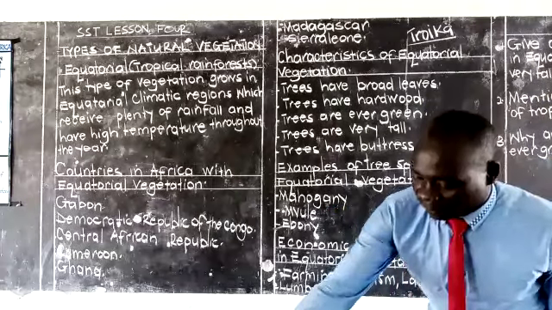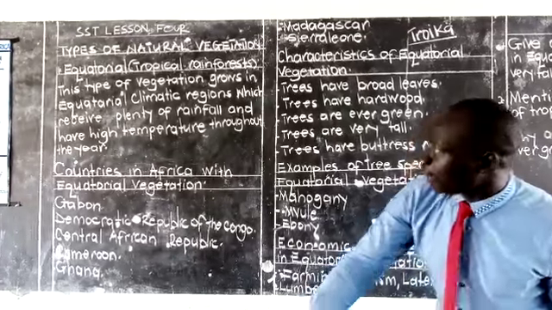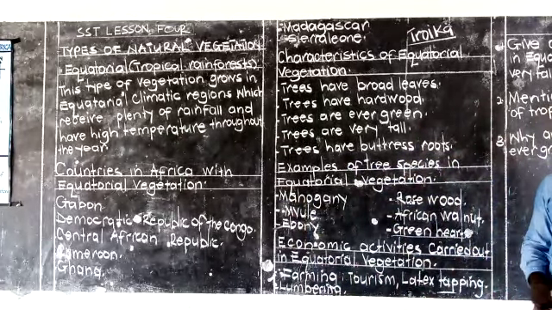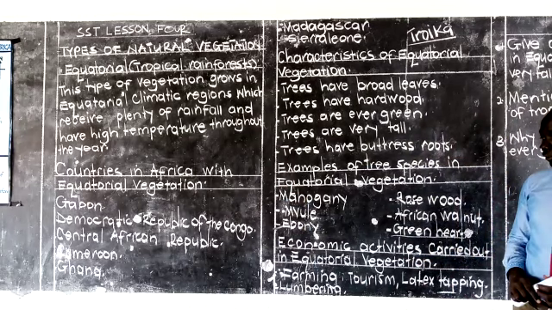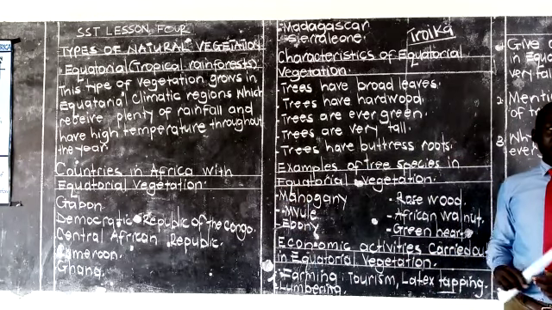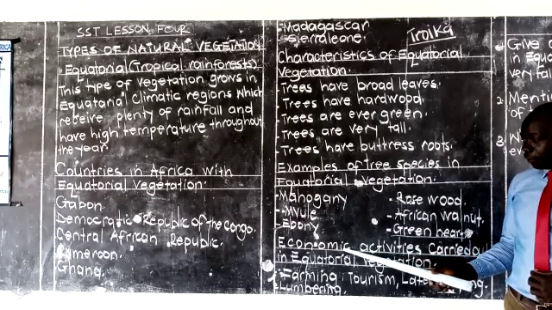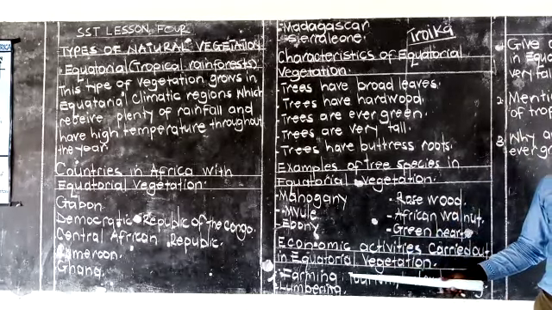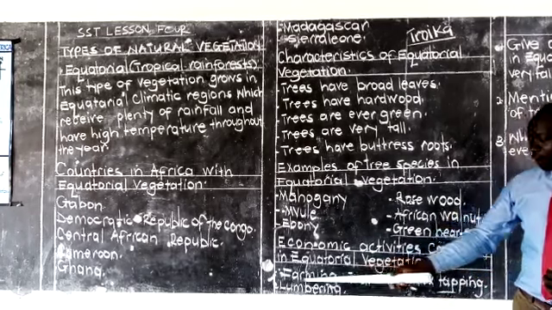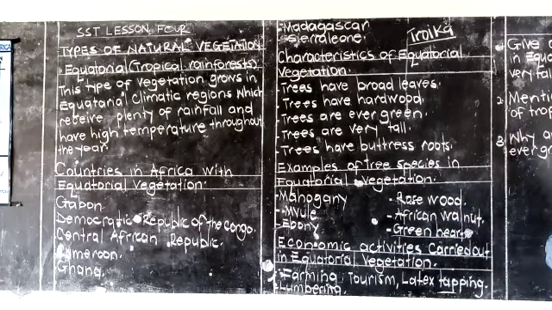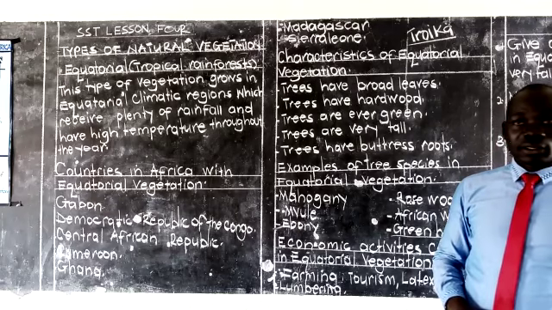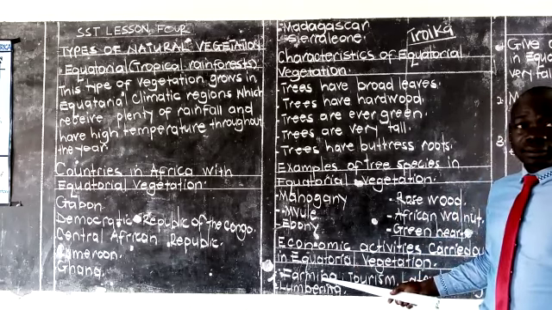Now, in this vegetation zone with plenty of rainfall, there are some economic activities that are carried out in order to get money or for survival. One is called farming. The act of growing crops and rearing of animals is called farming.